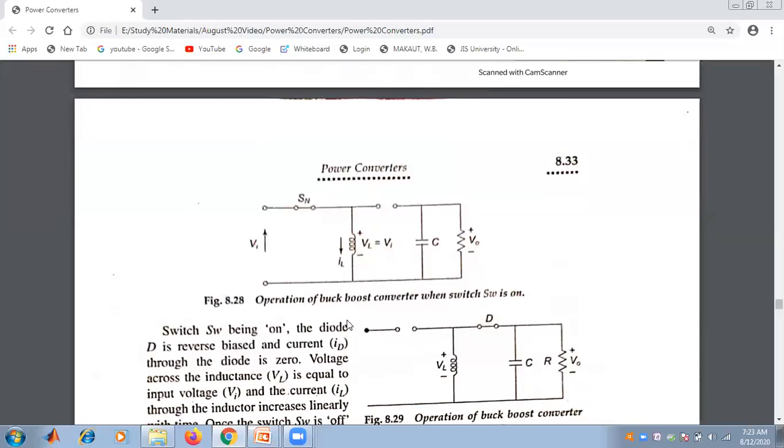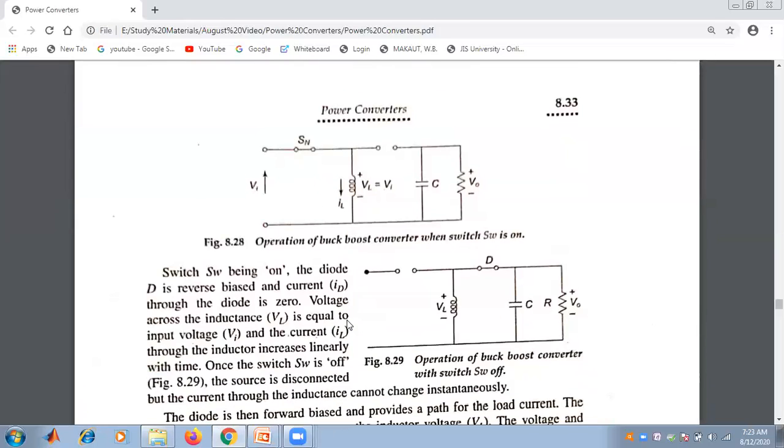Now, let us take the other operation of the buck boost converter, when the switch is off.